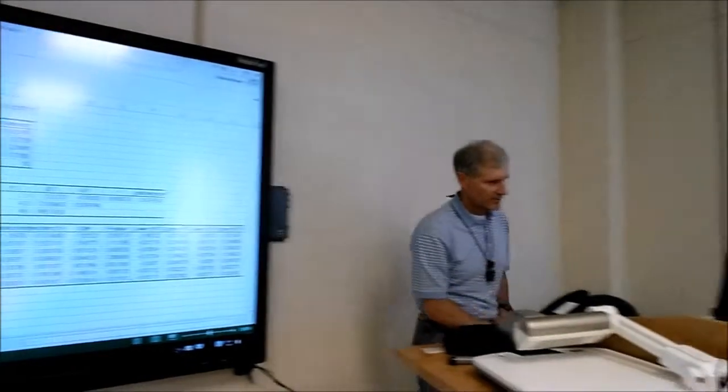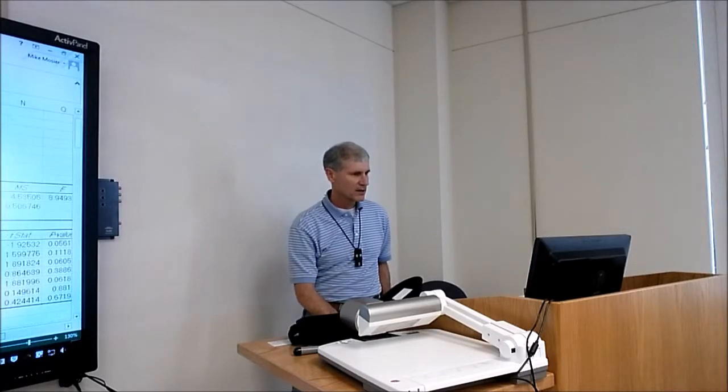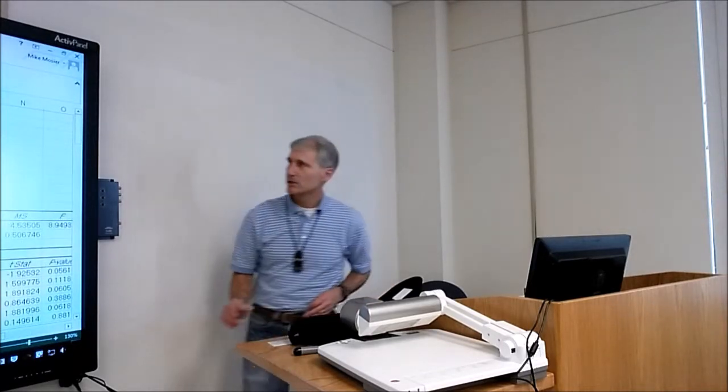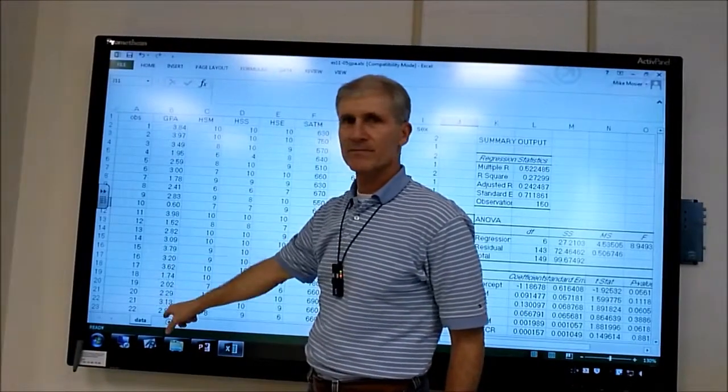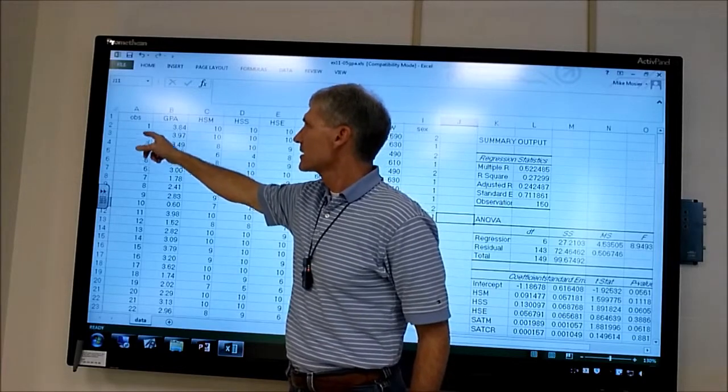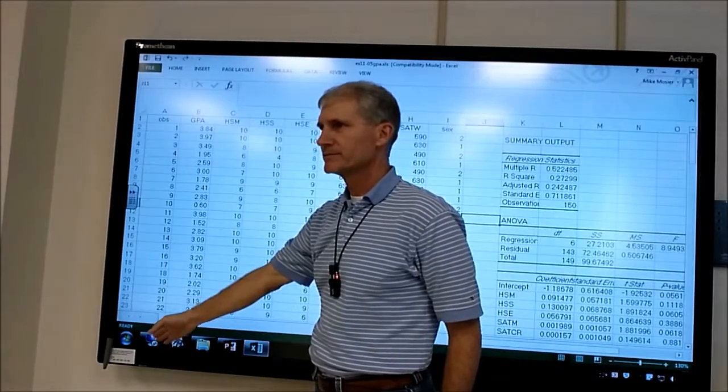I'm going to open a spreadsheet here where I've already run the analysis, but I'll set the stage. Let me zoom this up just a little bit. This is data from an example in chapter 11 in the book on college GPA. So that's column B. Column A is just observation number.